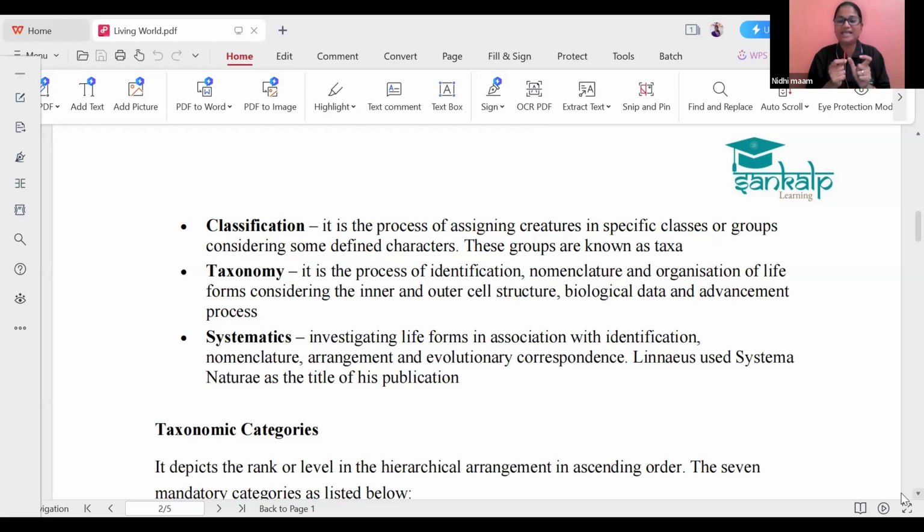Systematics means investigating life forms: when we get to know an organism, we cross-verify it with other organisms which have the same characteristics, then again classify it according to the hierarchy: kingdom, phylum, then class, order, family. So it is called systematics. Three steps we follow: classification, taxonomy, systematics.